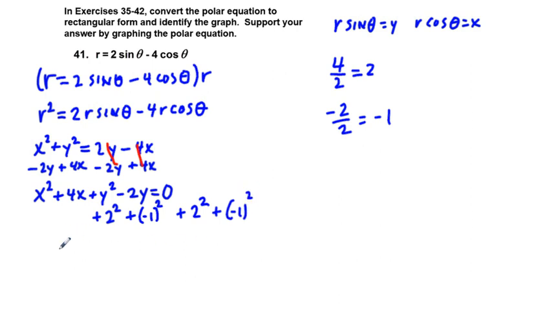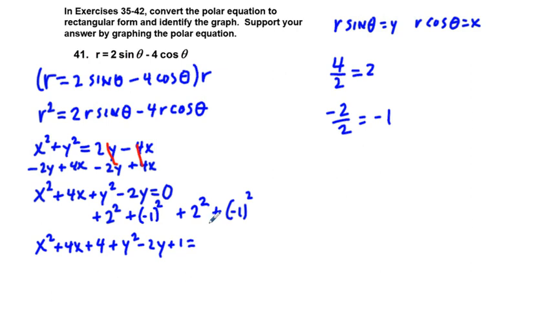And when we do that, let me go ahead and just write it all out before I write it as a square. We have x squared plus 4x plus 2 squared, which is 4, plus y squared minus 2y plus negative 1 squared, which is plus 1.